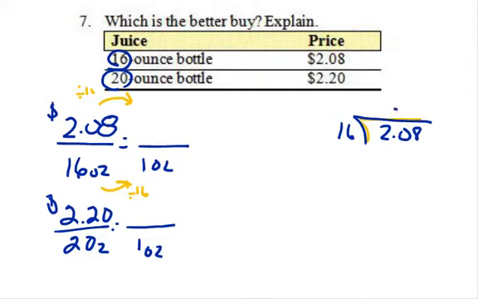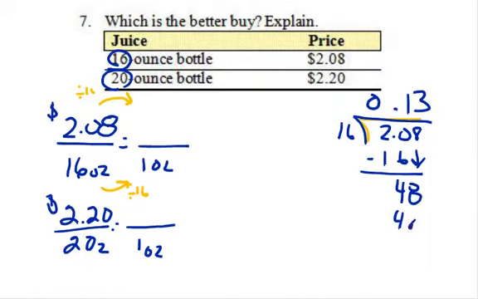Just bring it straight up on the inside. 16 does not go into 2. 16 goes into 20 once. 1 times 16 is 16. Subtract. 20 minus 16 is 4. Bring down my 8. 16 goes into 48 3 times. 3 times 16 is 48. Subtract. So it's $0.13 or 13 cents. By the way, this is not 13 cents. Don't do it.